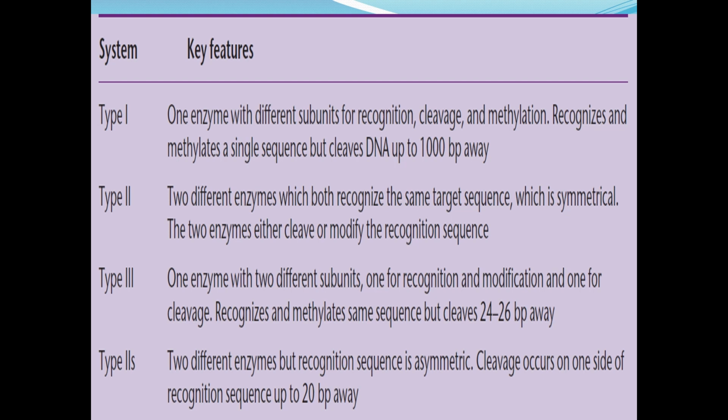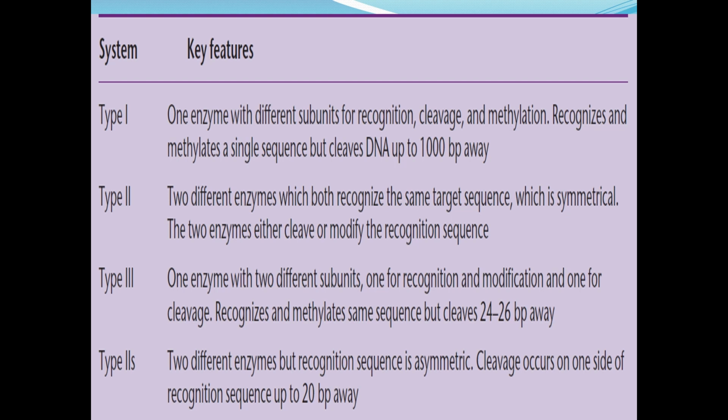We have four types: type 1, type 2, type 3 and type 2As. The key features of each enzyme are given in this table. Type 1 has one enzyme with different subunits for recognition, cleavage and methylation. It recognizes and methylates a single sequence but cleaves the DNA some 1000 base pairs away.